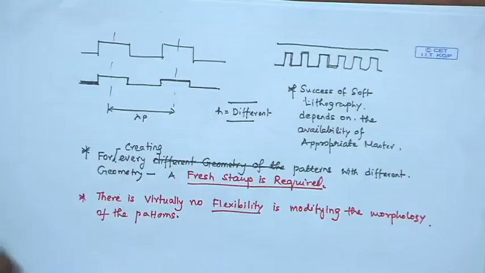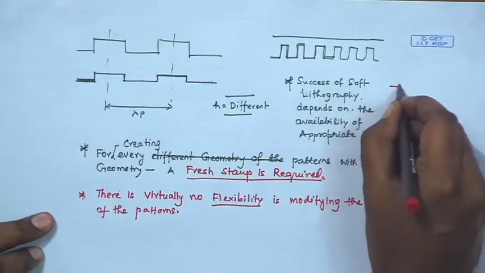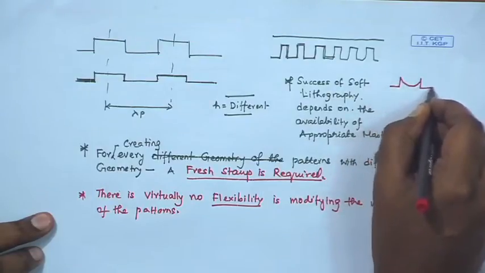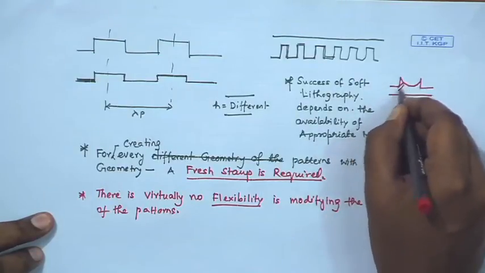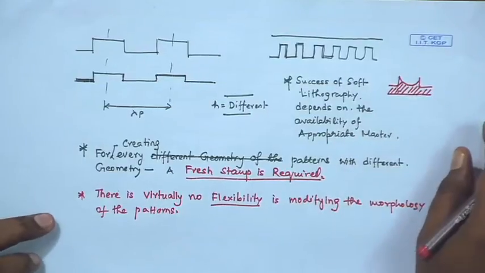You have a stamp and the best you can achieve is a negative replica, not more than that. Well, you can have some incomplete replications, let us say in CFL, and get a structure like this, but then controlling it in a reproducible manner is a big issue.